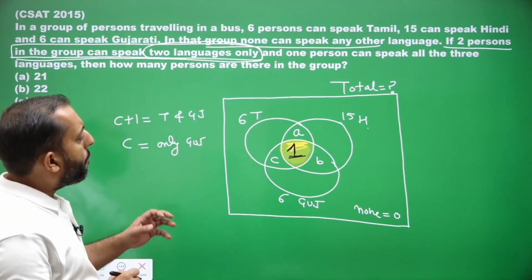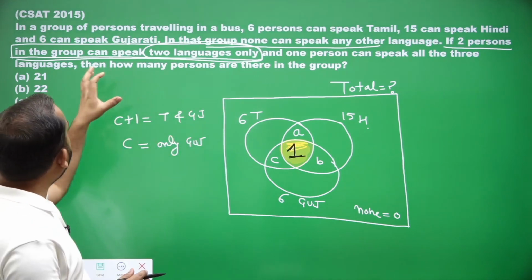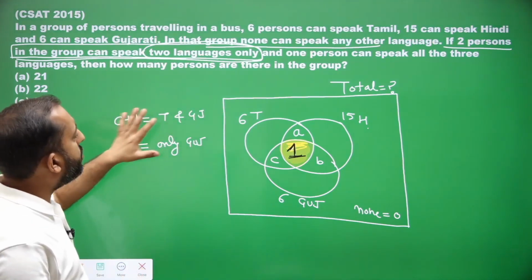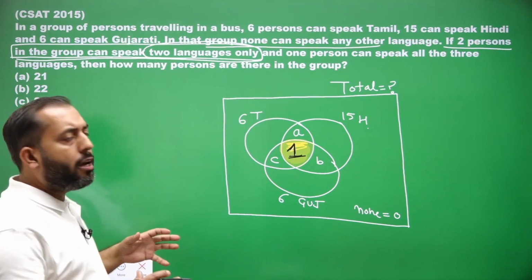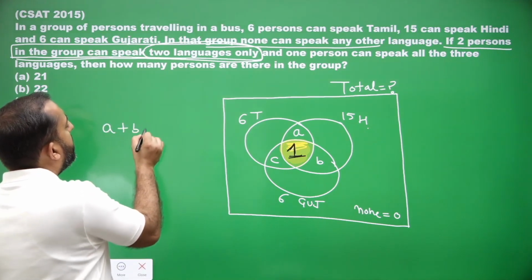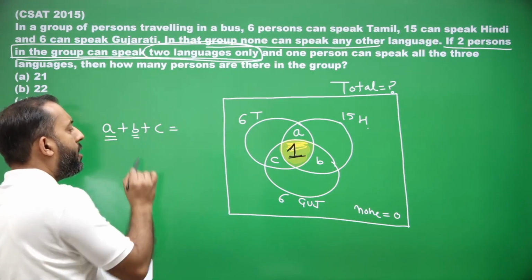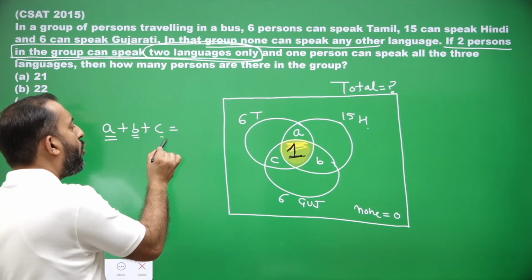Okay, so out of A, B and C, it is written that if 2 persons in the group can speak 2 languages only, so let's assume the value of A plus B plus C, because A is the count of only 2, B is all about only 2, and C is all about only 2.